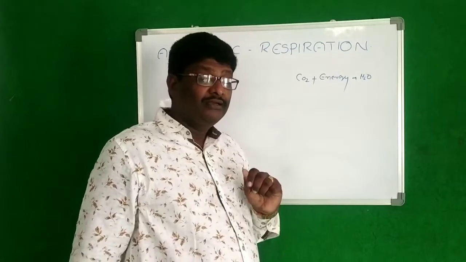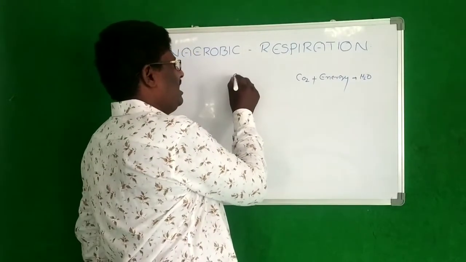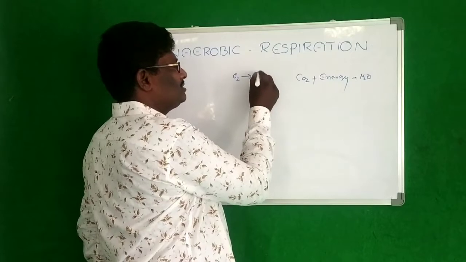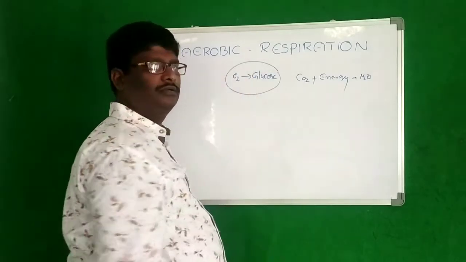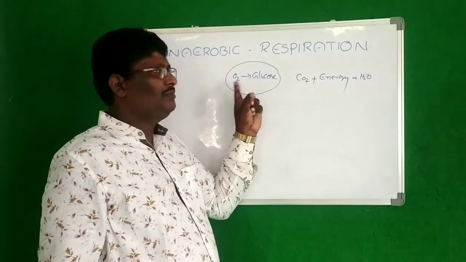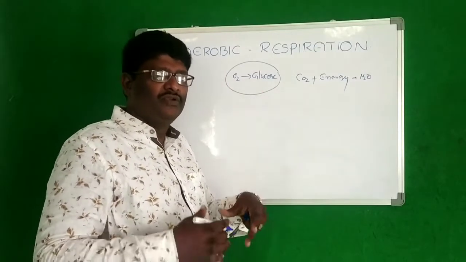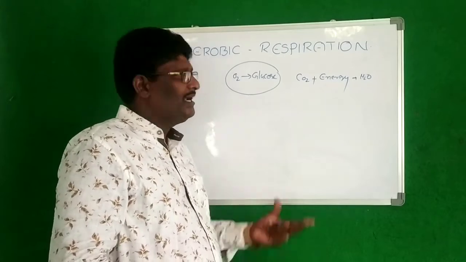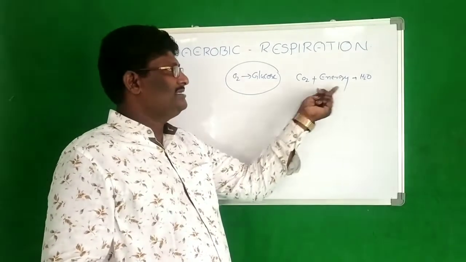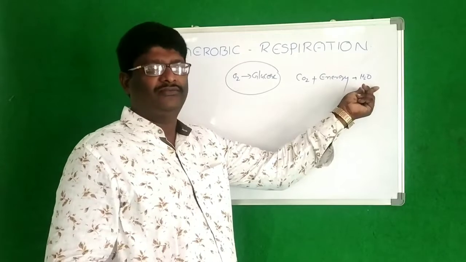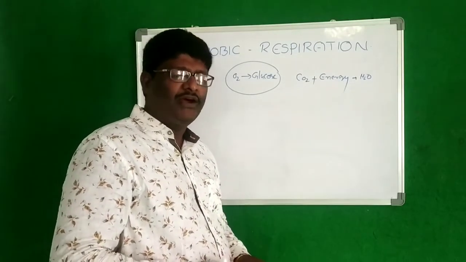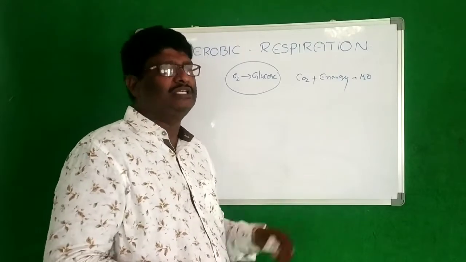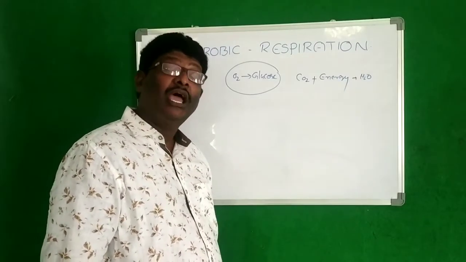When the oxygen is available, the glucose goes for the oxidization process, releasing energy, carbon dioxide and water. Not only human beings, all living organisms do this process when oxygen is available.